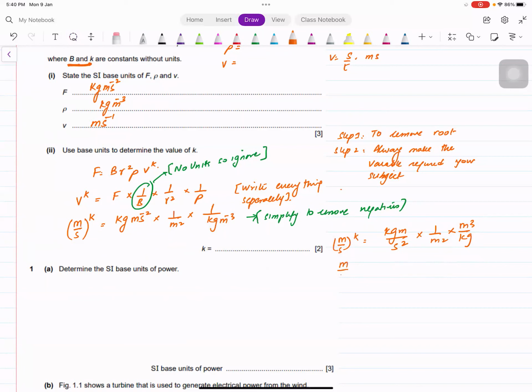Then simplify, keep simplifying it. So you get, there are 4 meters on top, as you can see, and there are 2 meters below. So kg will cancel out with kg. Now you're left with 4 meters on top and 2 down. So when they cancel out, this will become only meter square divided by second square.